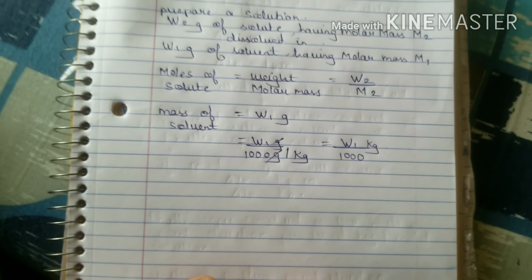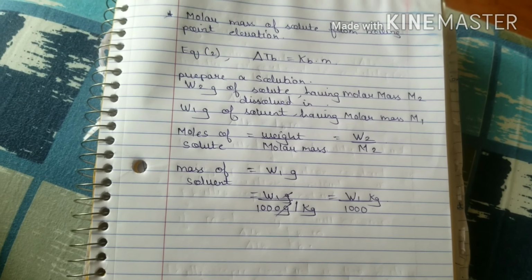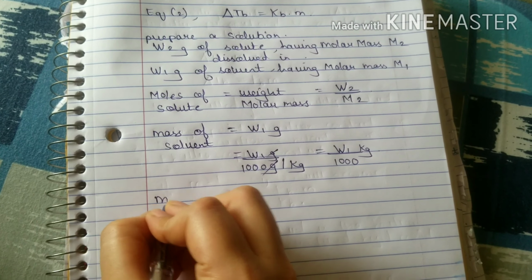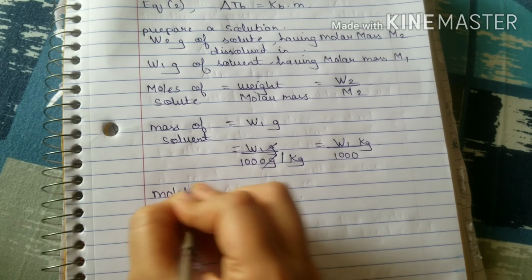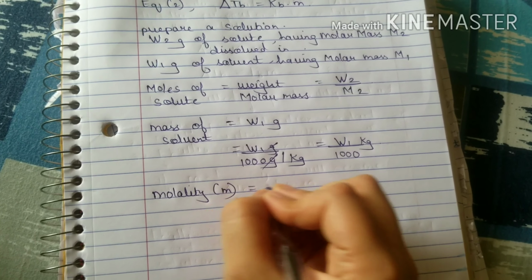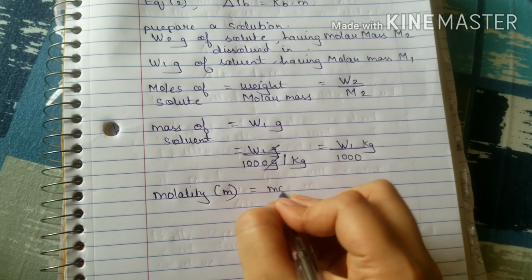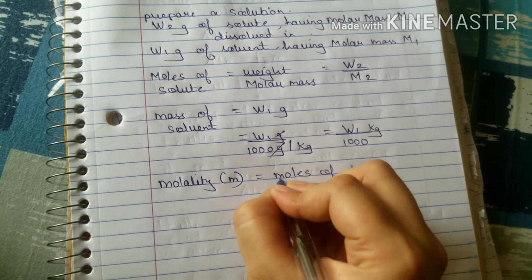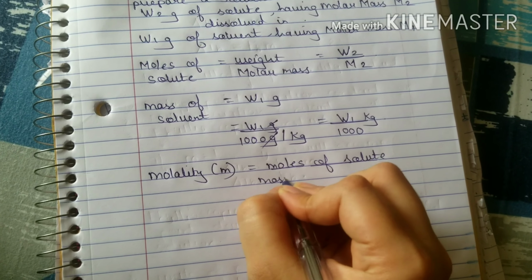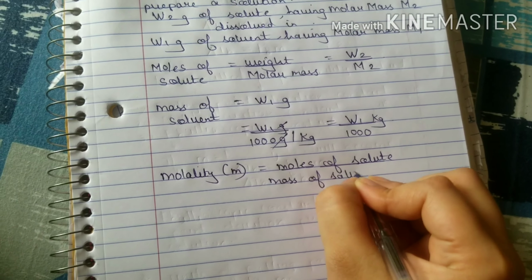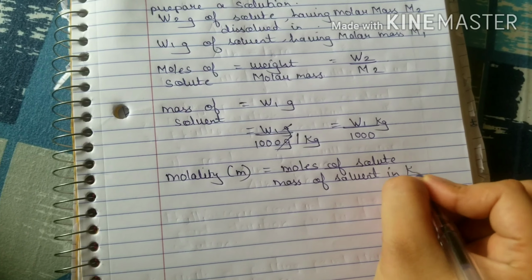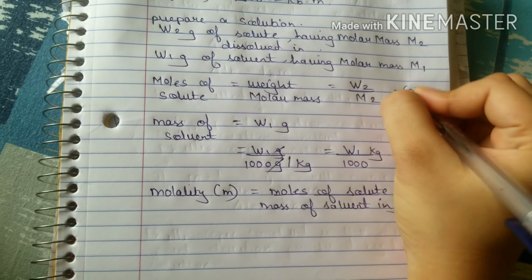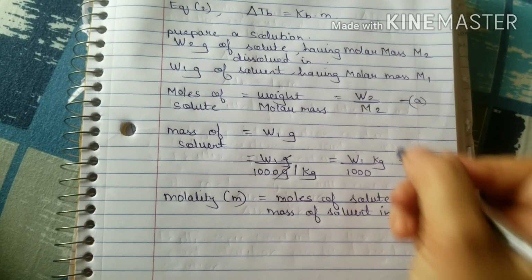Now you need to put in the formula of molality. Molality is denoted by small m, and the formula is moles of solute upon mass of solvent in kg. So we have both the values here. Take this as A and take this as B. So substitute A and B here.